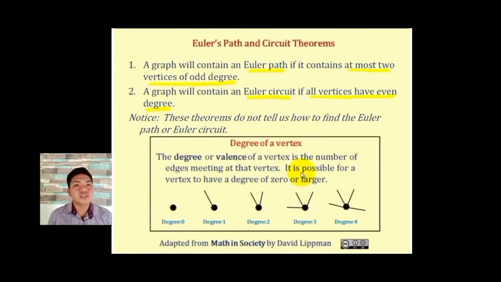Euler path and Euler theorems. A graph will contain an Euler path if it contains at most two vertices of odd degree. A graph will contain an Euler circuit if all vertices have even degree. So makita natin yung degree two, degree three or larger.